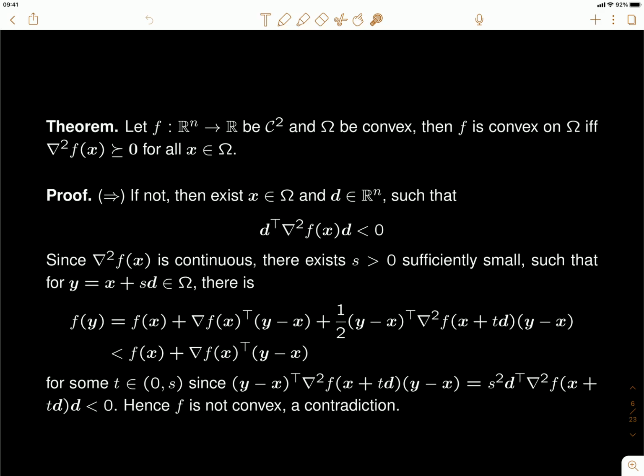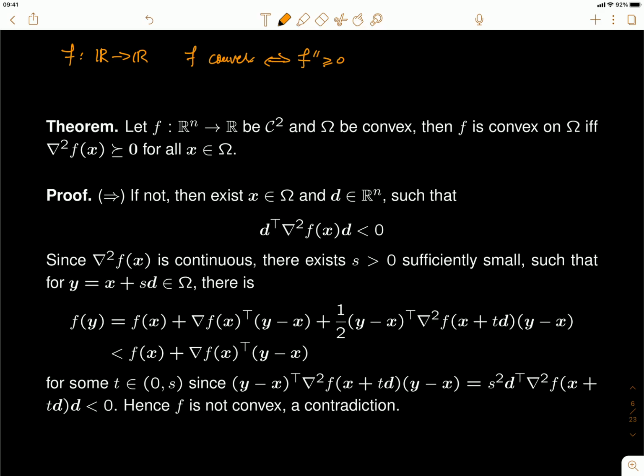But now let's see why the function is convex if and only if the Hessian is positive semi-definite. This is actually very intuitive. If you recall, in calculus, when you have a function f from R to R, the function is convex if and only if f double prime is greater than or equal to 0.